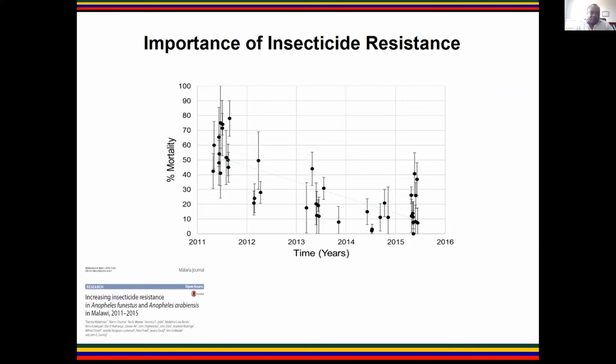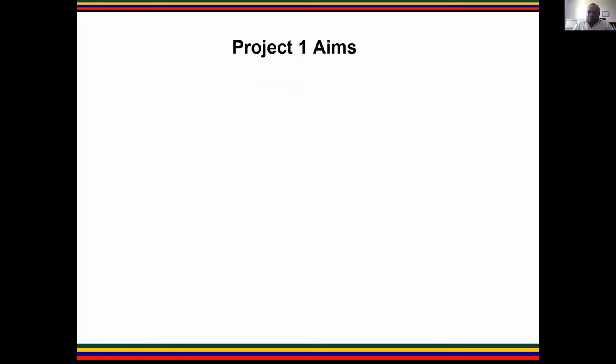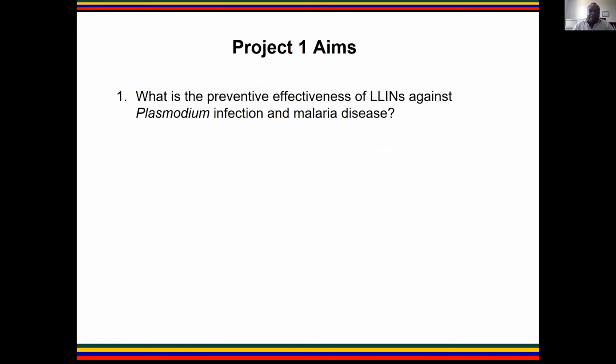Data from a number of ICMA sites showed that most of the mosquito vectors have developed resistance to the most common insecticides that were being used in the bed nets, and these had worsened over the follow-up time.